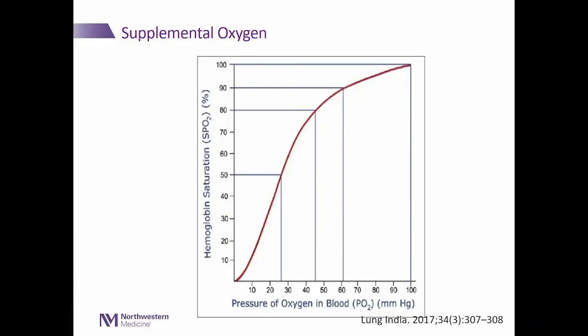So looking at the oxyhemoglobin dissociation curve, our proxy to knowing how much oxygen is in the blood is essentially our oxygen saturation, our SATs, pulse ox, basically. Your average patient with SATs over 90% tells us there's a partial pressure of oxygen in the blood of about 60.